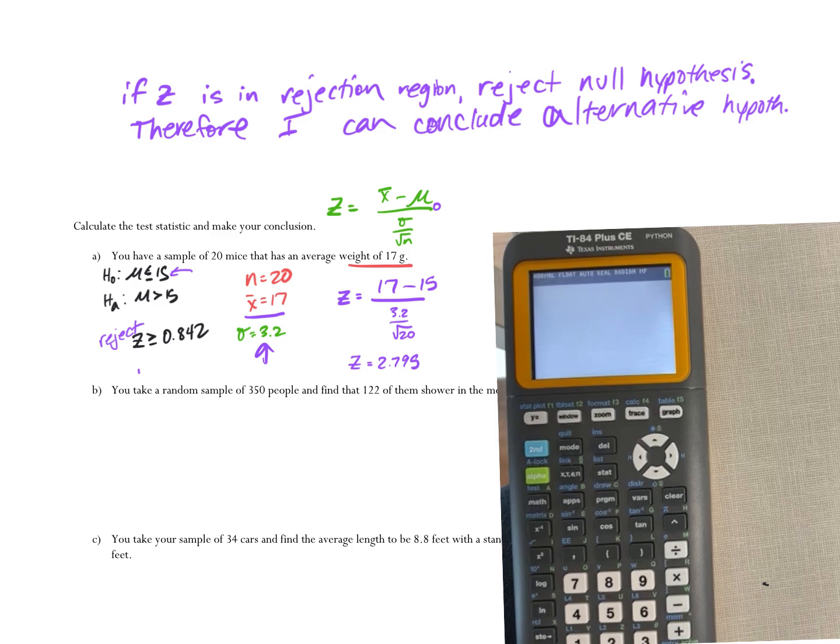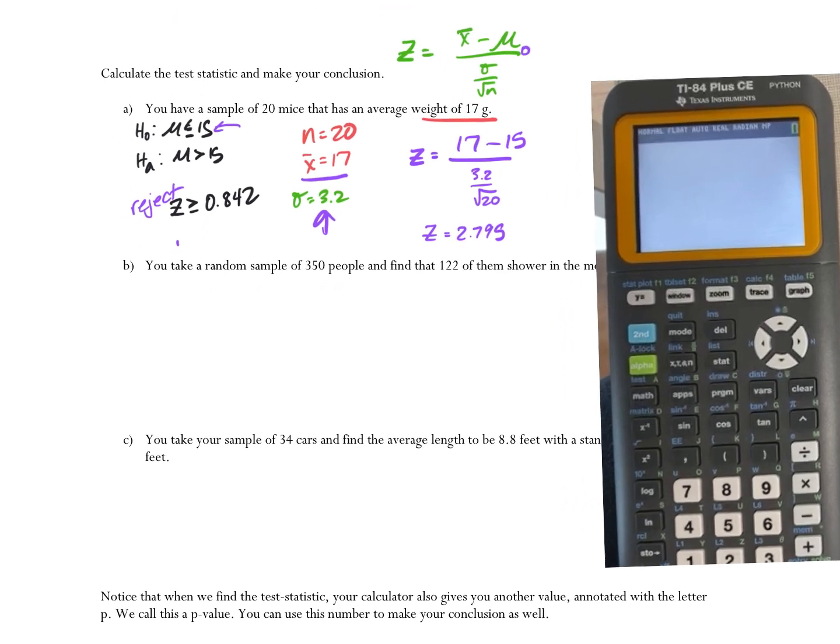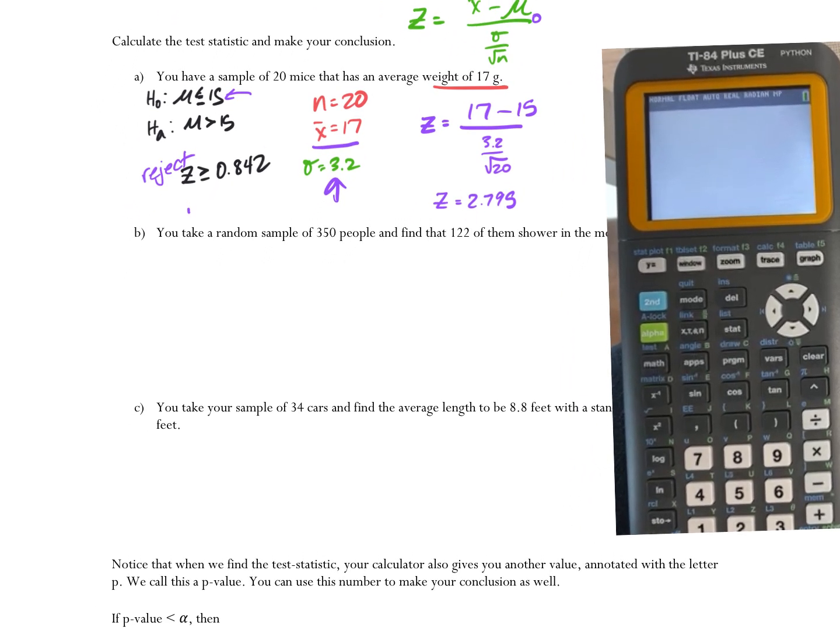So, in this particular case, is my z in that rejection region? Yeah. 2.795 is, in fact, greater than 0.842. So what decision am I making? We can reject H0.